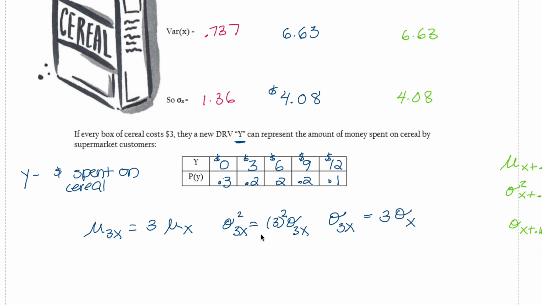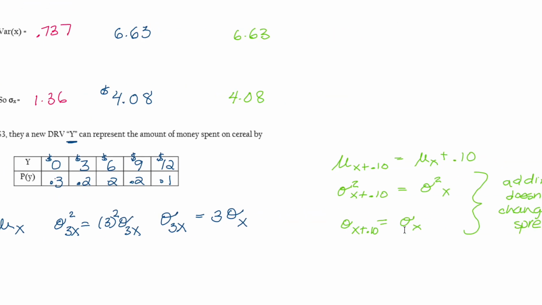For the variance of y, you multiply by 3 squared, because variance is when you square every difference and multiply by the relative frequency. So don't forget to multiply by 3 squared, which is 9. For the standard deviation, we just multiply by 3, the same as the expected value of y, because the square root of 3 squared gives you 3 back.